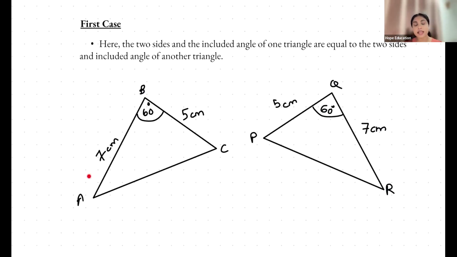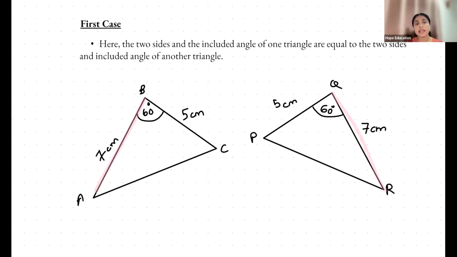One of the ways is if two sides of one triangle are equal to two sides of another triangle. Look at this. Here the AB side is equal to the QR side of this triangle because they are both 7 centimeters.